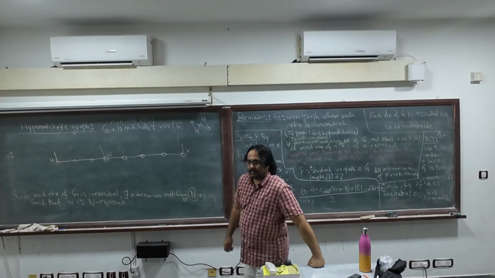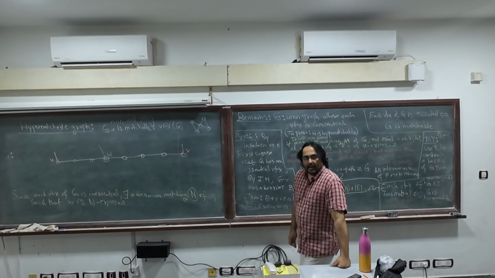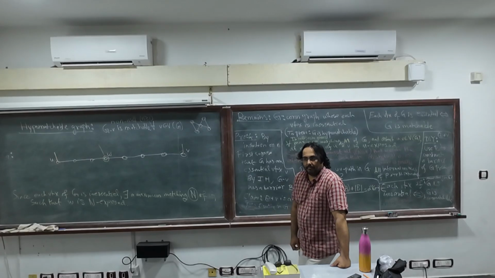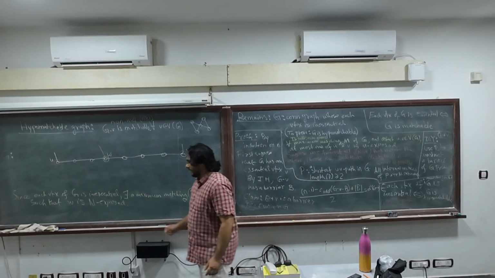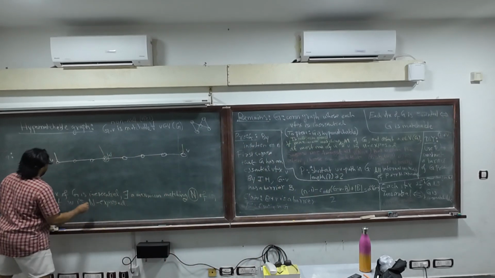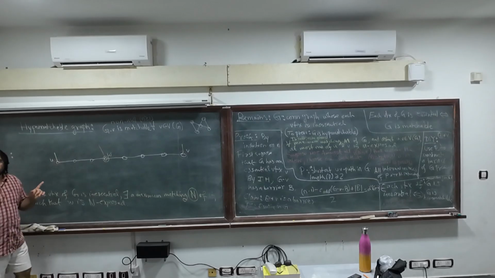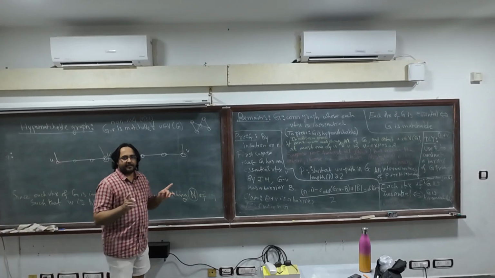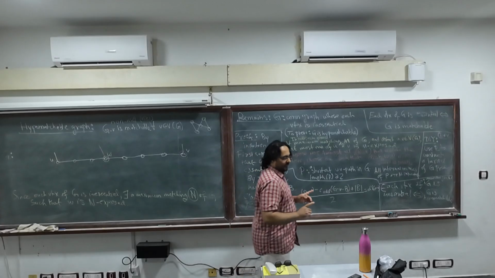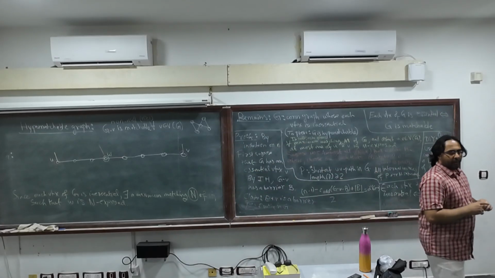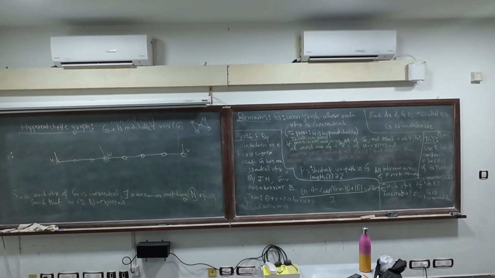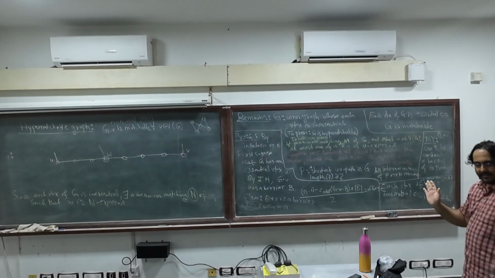So we have these two matchings, M and N, and now I claim that you can play a game to arrive at a contradiction. So try playing that game yourself, and then we will discuss with everybody. So what do you do when you have two matchings in life? That's the main question. You consider their symmetric difference.